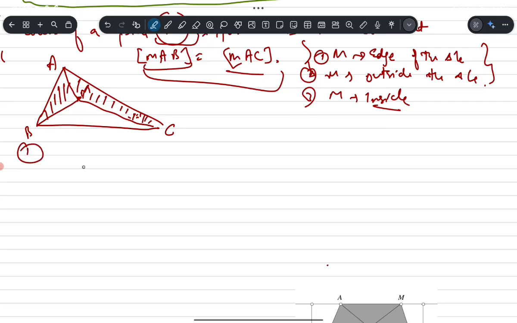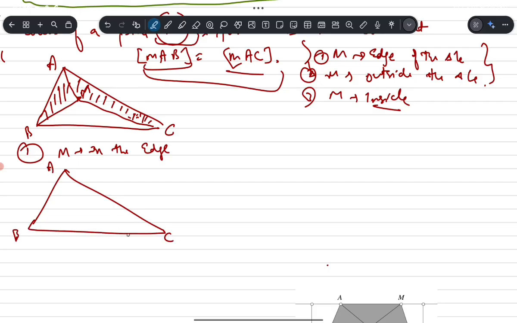So the first case we are doing is M on the edge. What does that mean? We have a triangle ABC. We have some M on the edge of BC, let's say. It can be on the other edges as well, but without any loss of generality, we're considering it here. We're supposed to follow the condition that area MAB equals area MAC, right?